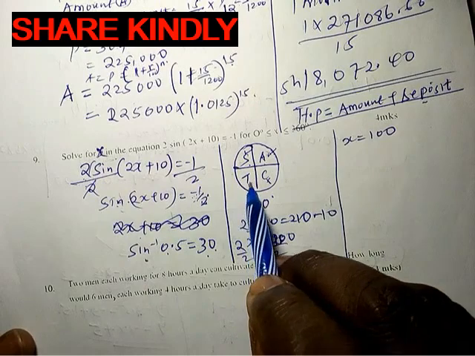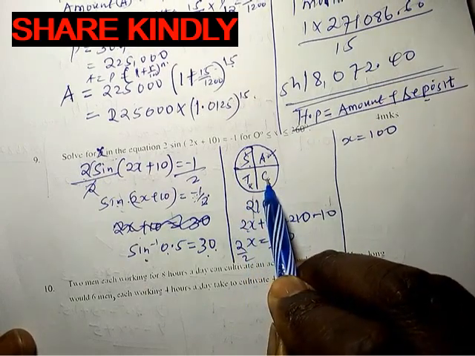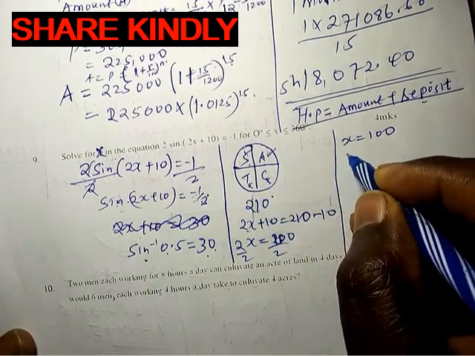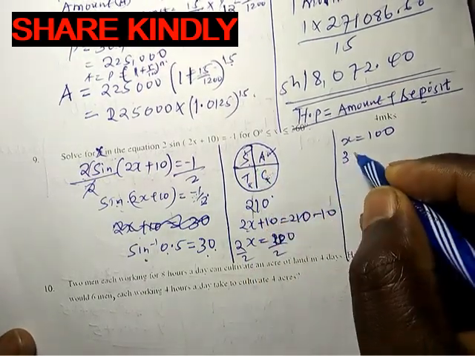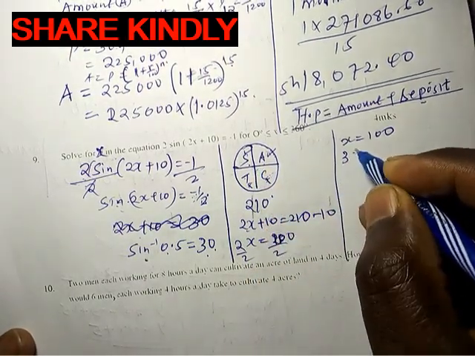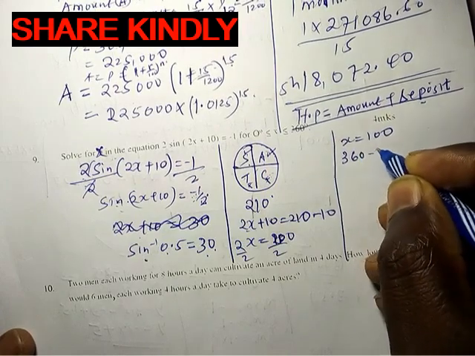And again here the sine is negative, so that is 360 minus 30.